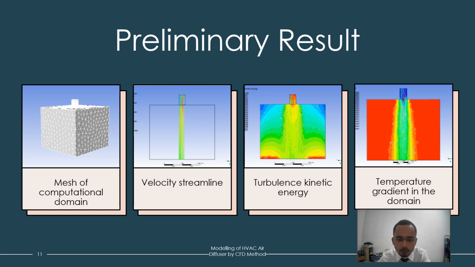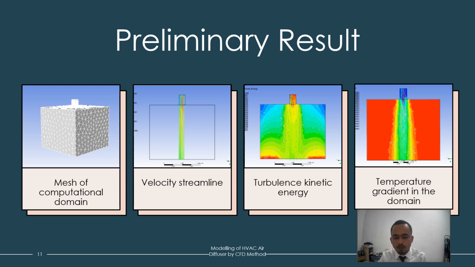So in order to provide a better result, I might need to alter the geometry and then revise my selection of meshing method and also revise the boundary conditions that is set during the simulation process. So for the third figure is the turbulence kinetic energy.